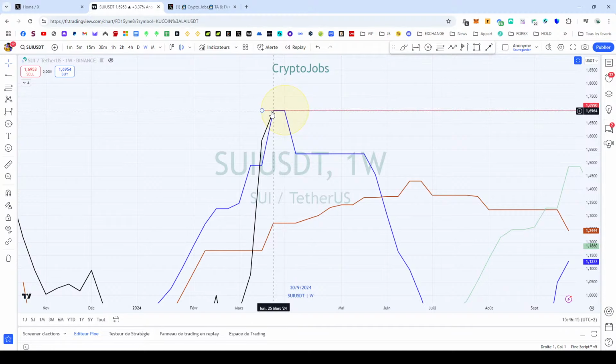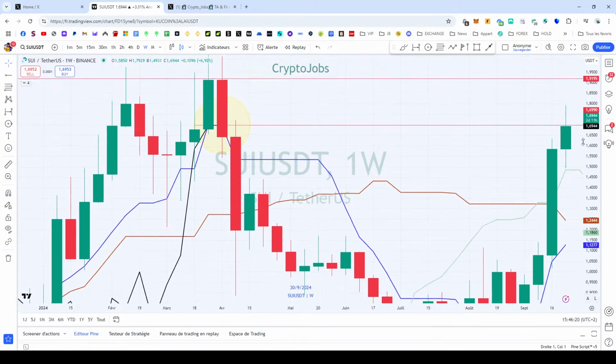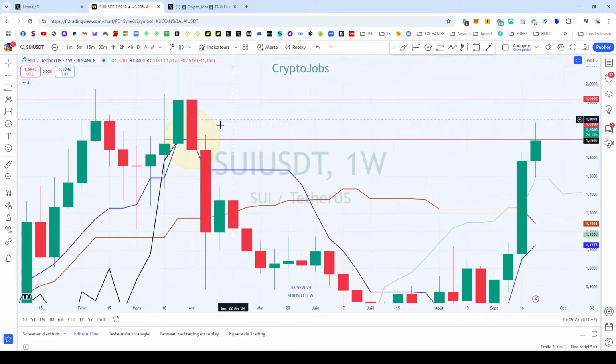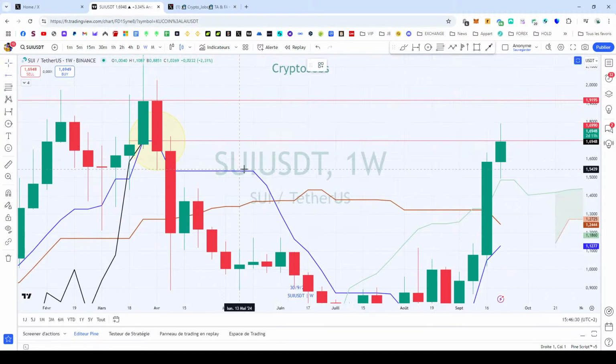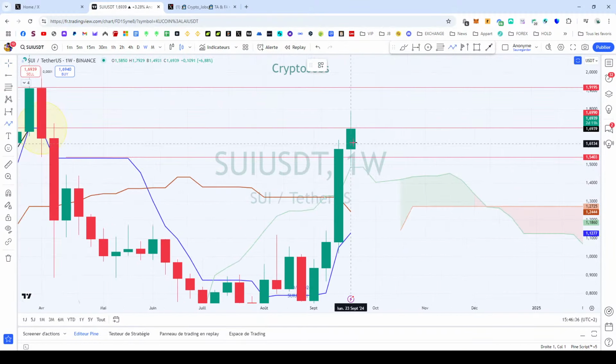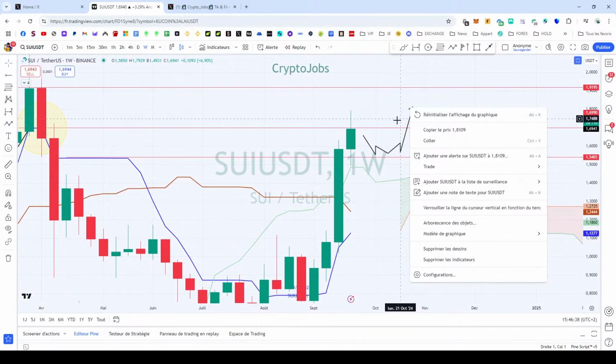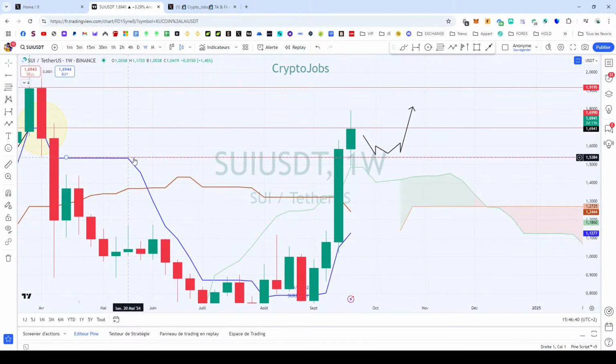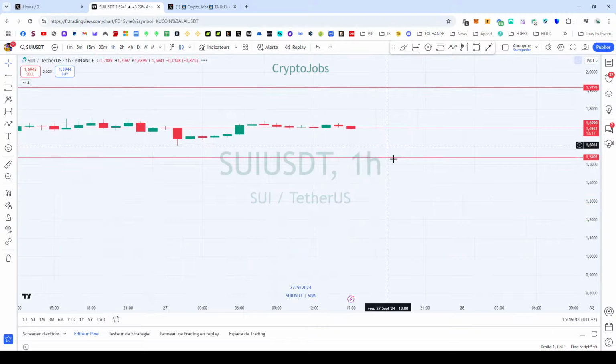This is a flat Tenkan, and if you look at the weekly, this is a bit hidden, but if there is a weekly close below 1.7, then the next week we could see another rejection to retest lower support at maybe 1.54.